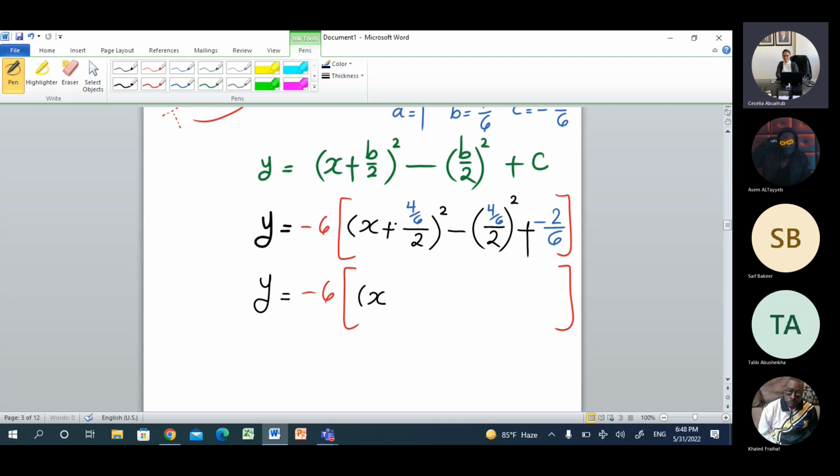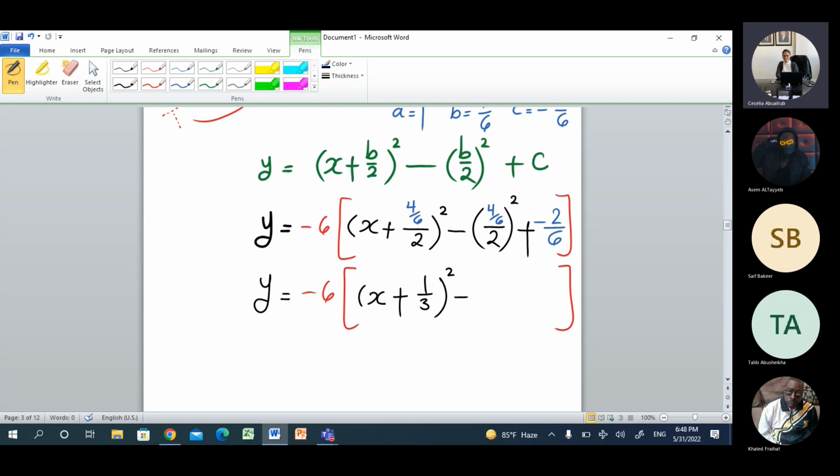And you insert this in the calculator, it will come down to plus 1 over 3 squared minus, if you insert the squared button and then put brackets and then press the fraction button and the fraction button again.